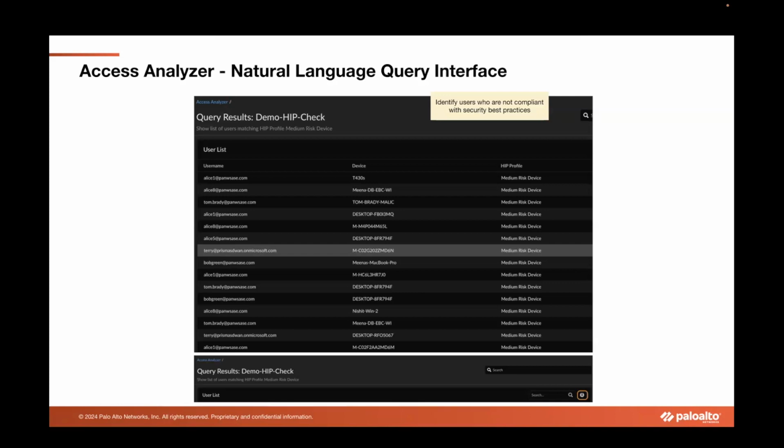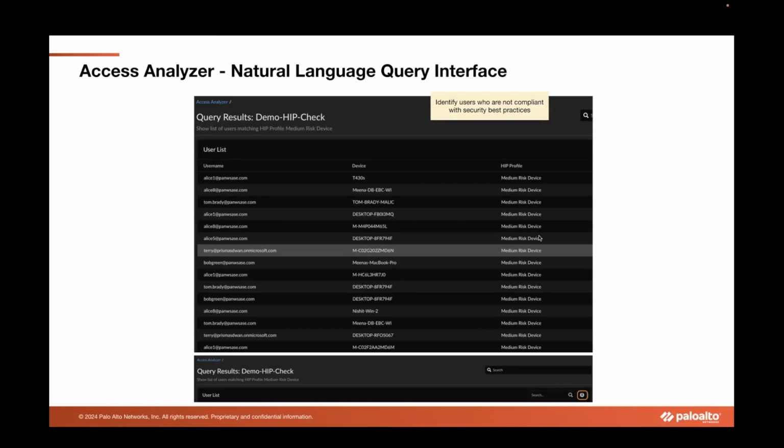Now, when I run this query, I get a list of users who have failed the HIP check. In the back end, what we are basically doing is finding all the users who are matching this HIP profile, which checks for a certain posture departure, like turning off firewall or turning off AV.